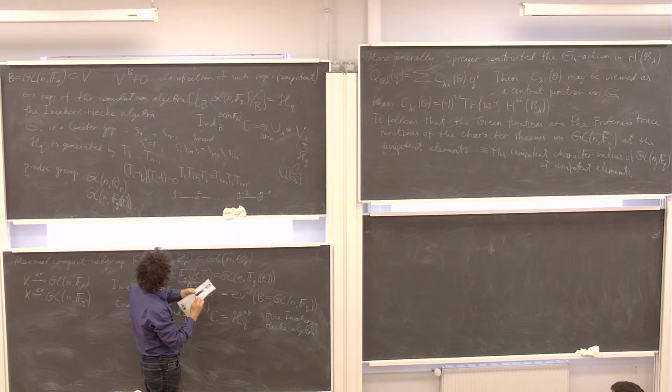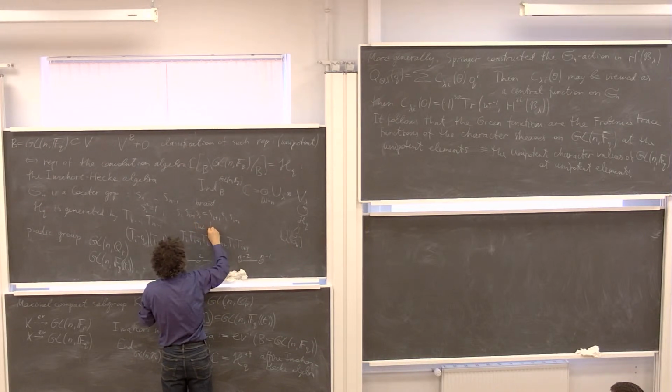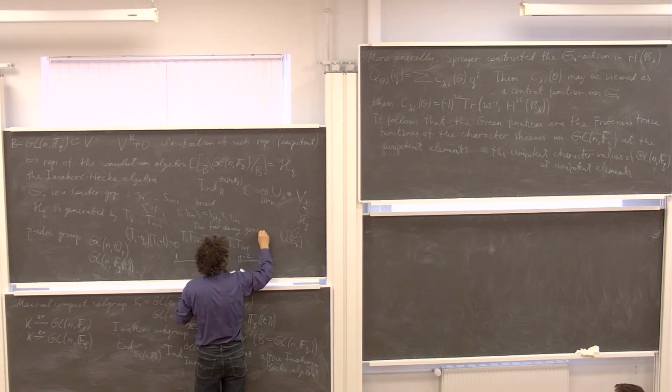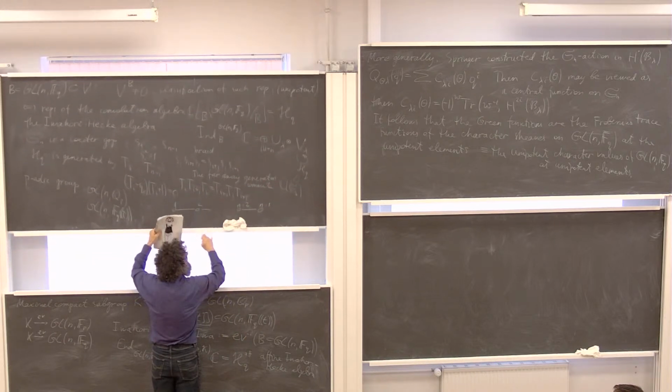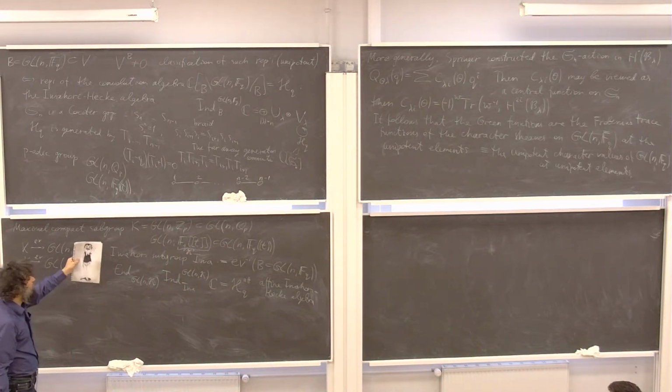I didn't even write this down. Maybe I should write that the far away generators commute. I should have written it, but I neglected. And here you just do absolutely the same thing.